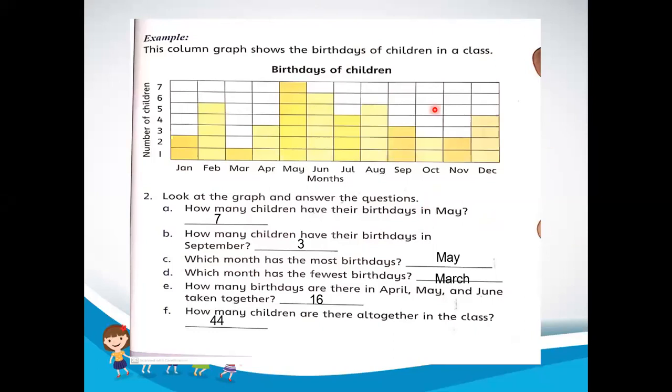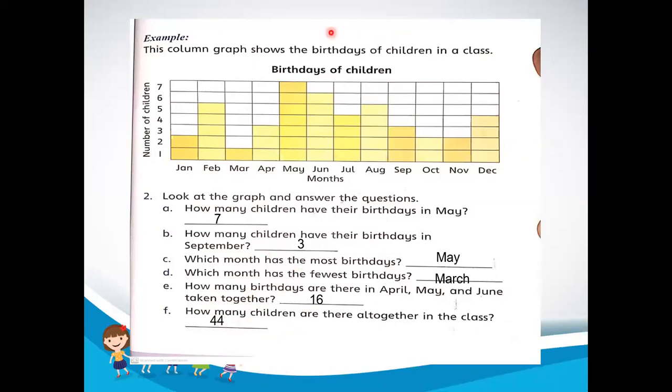Yes. So, how many children are there altogether? There are 44 children altogether in the class. What we have done is add all the numbers of students in the months from January to December, and then we got the number of children in the class.